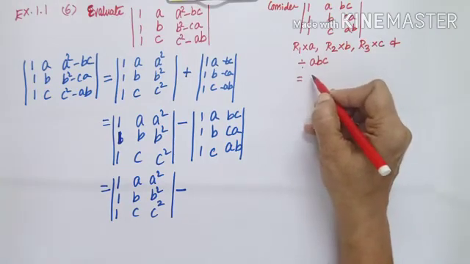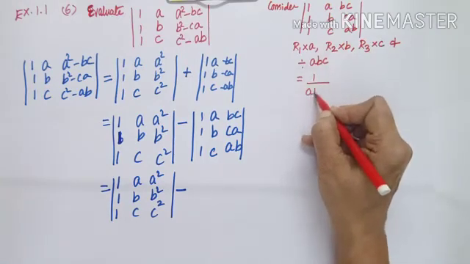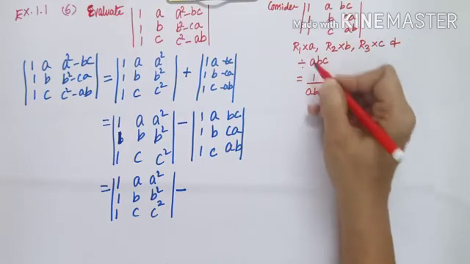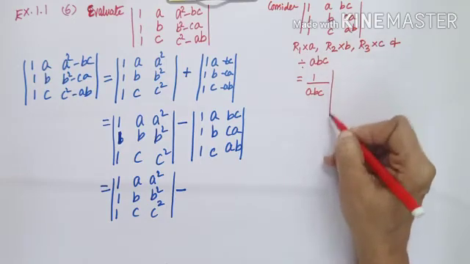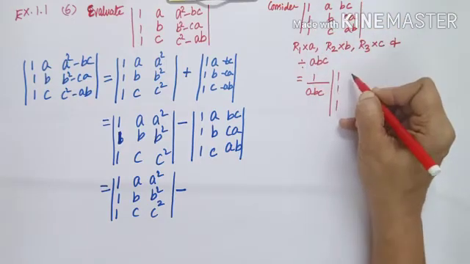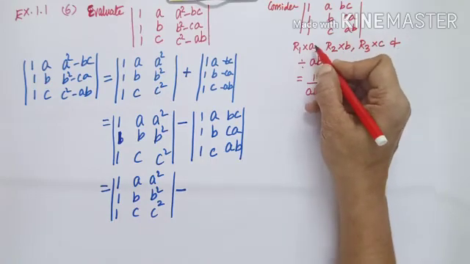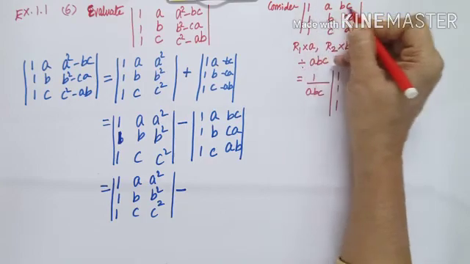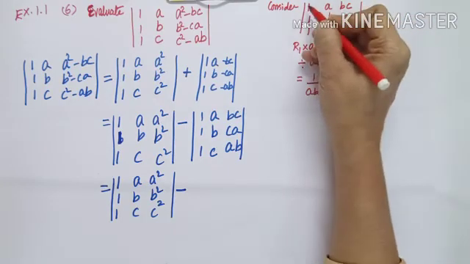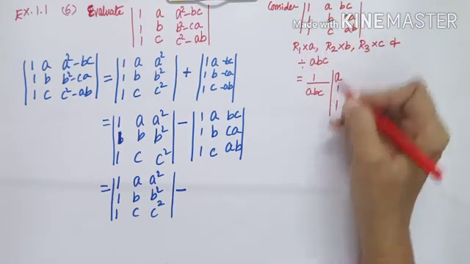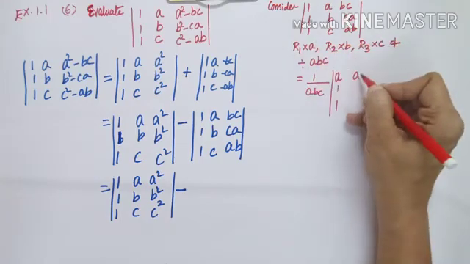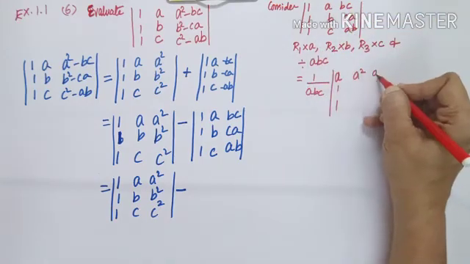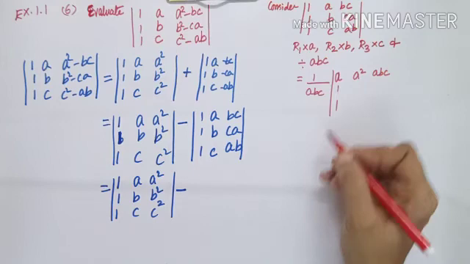So this is equal to 1 by A, B, C. I am dividing, so write that ABC out. First column as it is, I am multiplying by A. So R1, every term multiply by A. 1 into A, A square, A into BC, ABC.